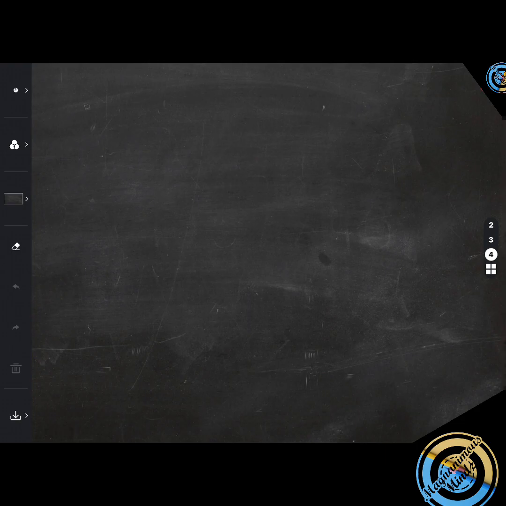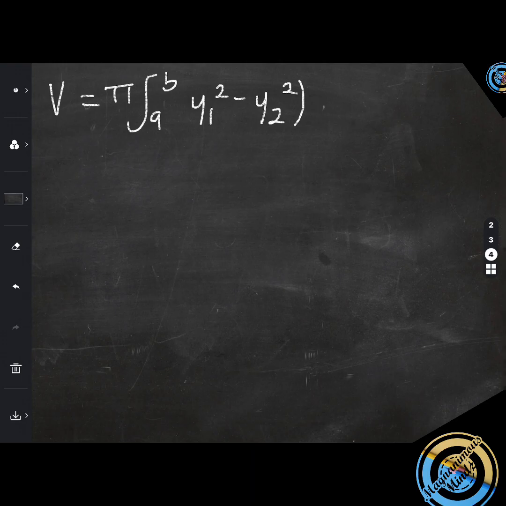That formula says V equals pi, integral from a to b of y1 squared minus y2 squared dx.